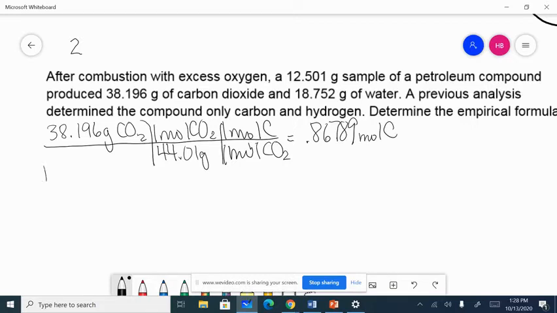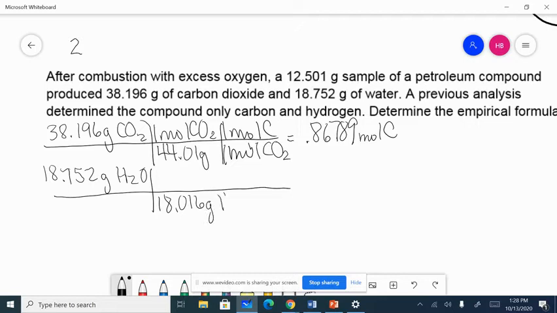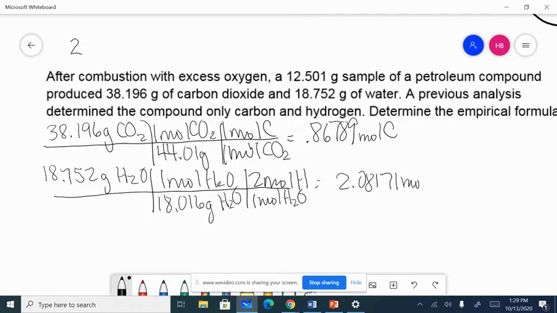We'll do the same thing with water. And when it comes to hydrogen, I have 2.08171 moles of hydrogen.